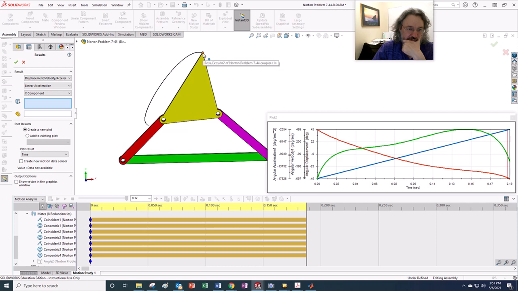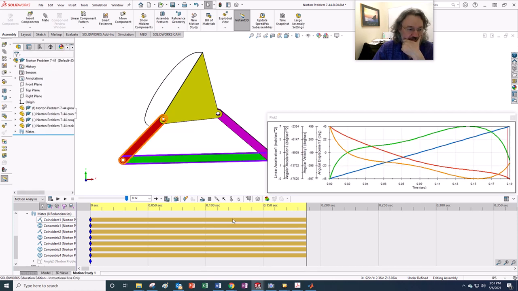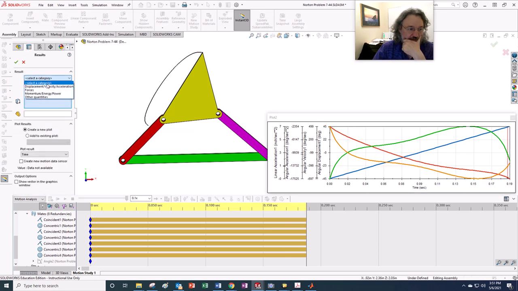We have to remember the issue with adding something onto here, that the units don't work out. So we want to avoid that messed up thing by touching it once, right? And so you have linear acceleration, the y component, this right here, add to existing, good, plot 2, boom.